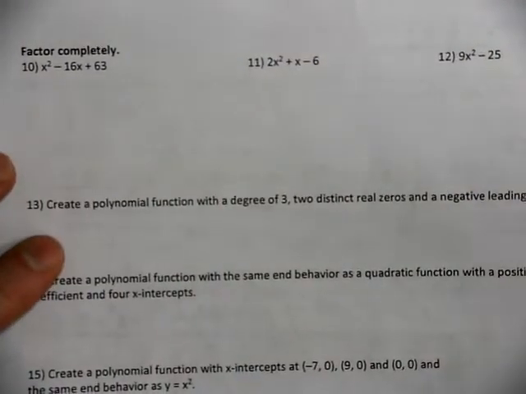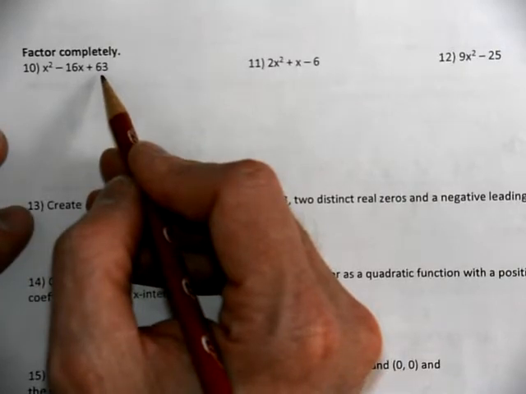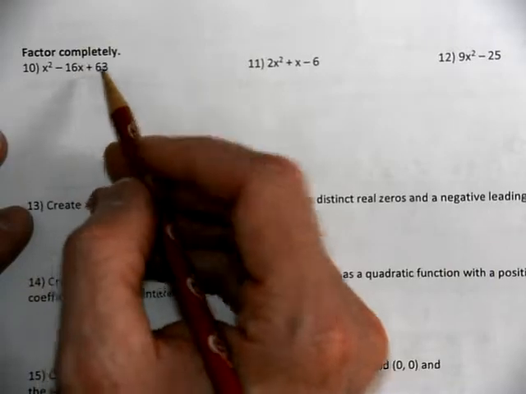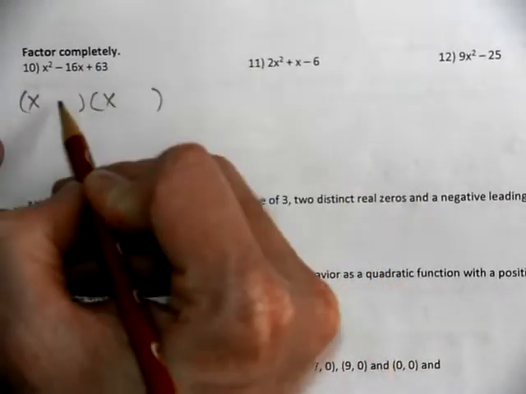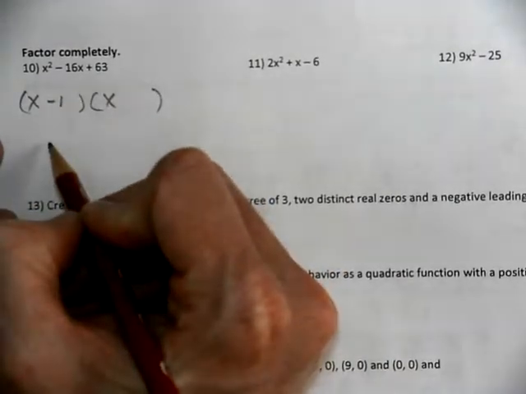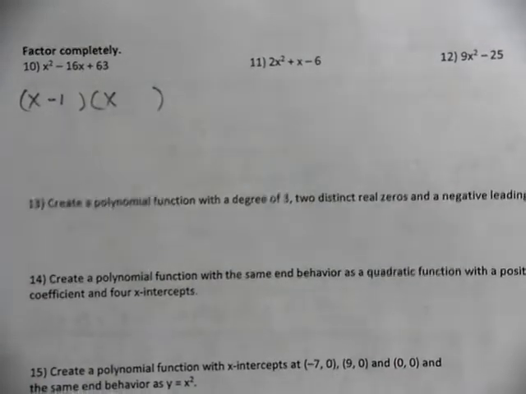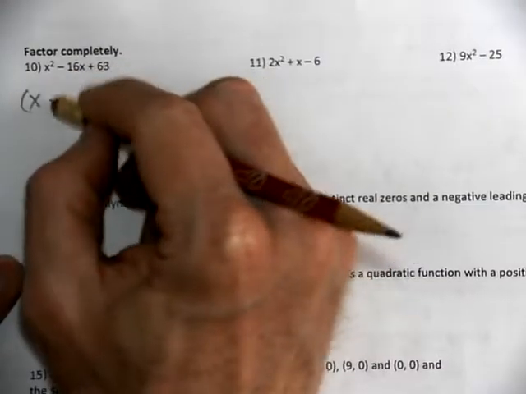Here we're going to factor completely. We're looking for two numbers that multiply to be 63 and add to be negative 16. I was going to go with negative 13 and 3, but 13 and 3 is only 39.